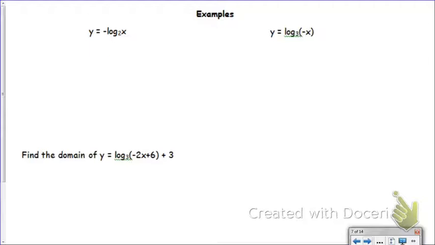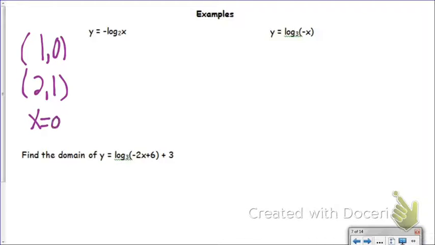So all we're going to do here is just a reflection, and we'll see the difference in these two. So remember, these are going to have vertical asymptotes. So the points that these are going to go through, think about your parent function. I'm going to go through (1, 0), the base, which is (2, 1), and x equals 0 as an asymptote.